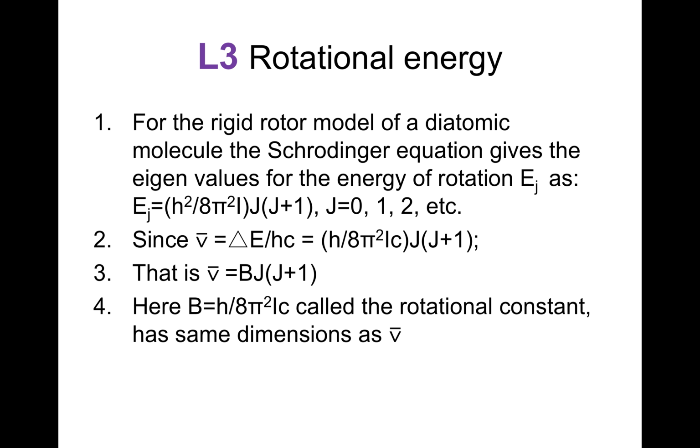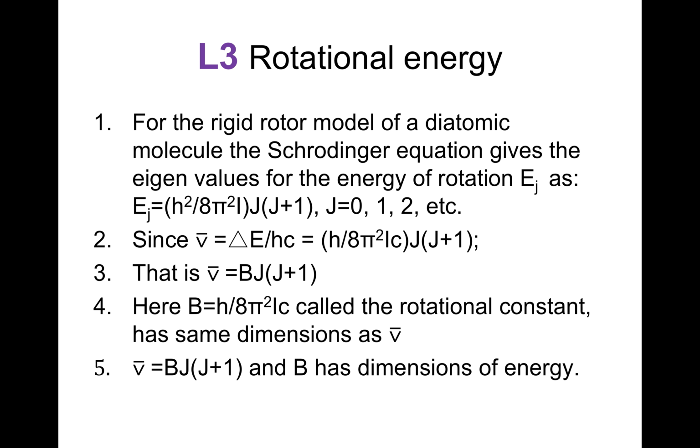Here B is equal to h/8π²Ic, and is called the rotational constant, and has the same dimensions as ν̄. For ν̄ equals B j(j+1), B has dimensions of energy.